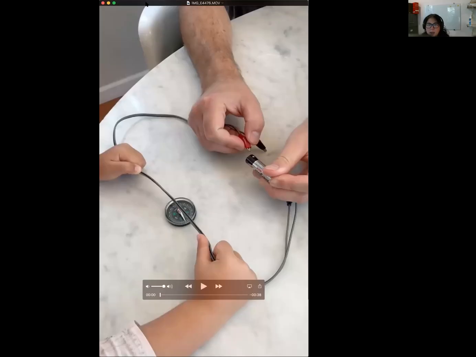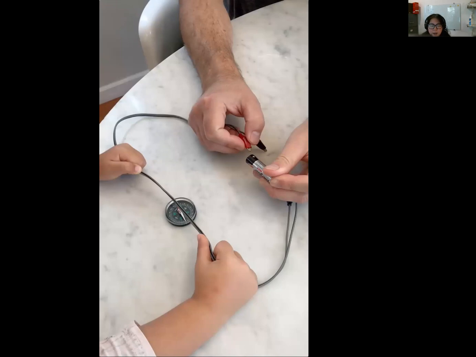Okay, so again, we put the wire parallel to the compass, but what we're going to do now is to reverse this battery, minus plus to plus minus, so then the flow of the current will be reversed. When the flow of the current is reversed, then the direction of magnetic field also will be reversed. So please watch carefully the direction of deflection of the needle in the compass.